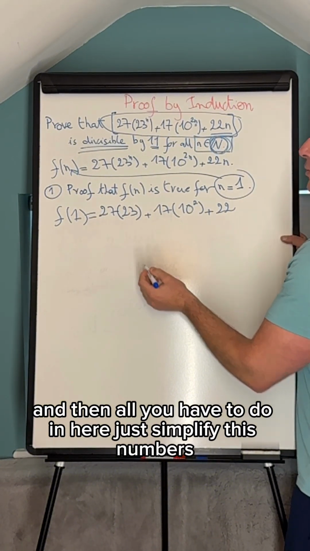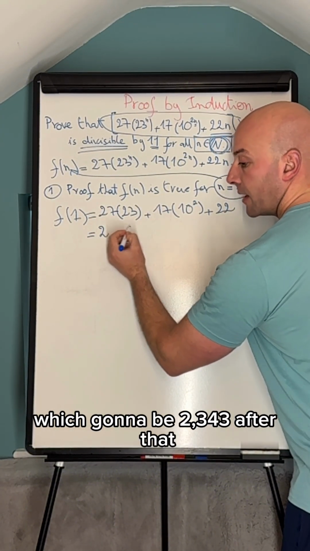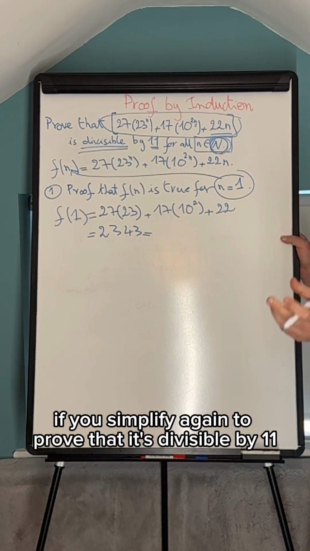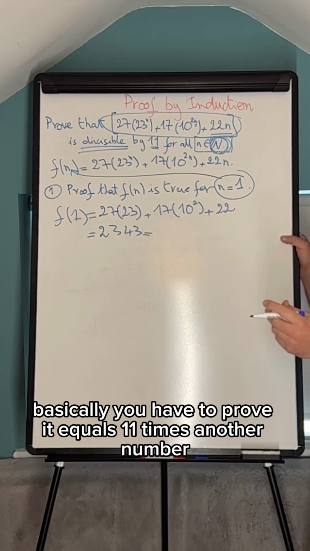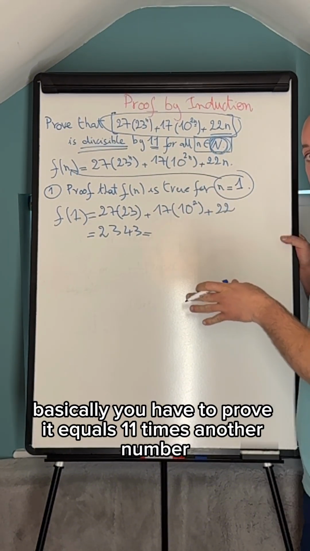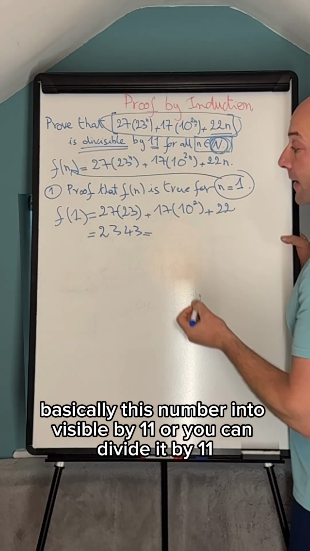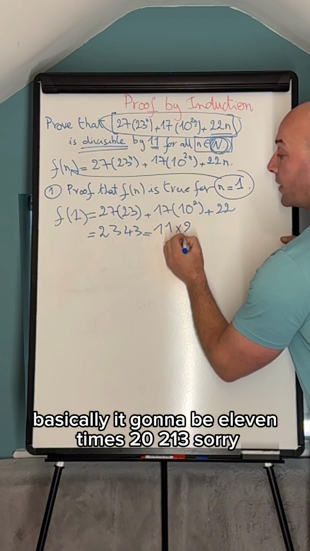Then all you have to do is simplify these numbers, which gives 2343. To prove that it's divisible by 11, you have to show it equals 11 times another number. It's going to be 11 times 213.